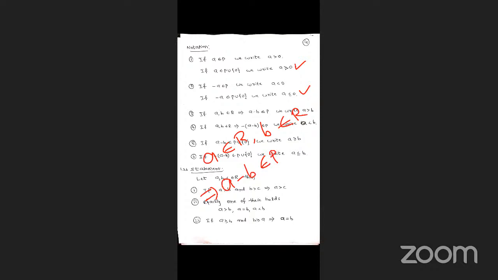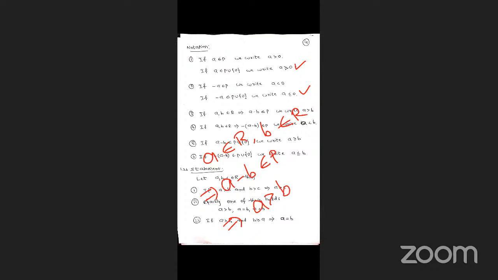P is the strictly positive real number set. A minus B here means length. A minus B is a length. Therefore, we can write A is greater than B. Why?